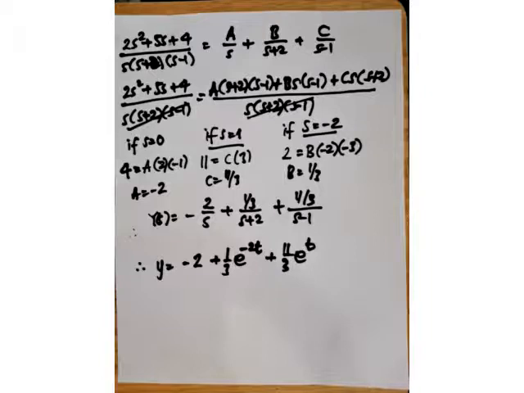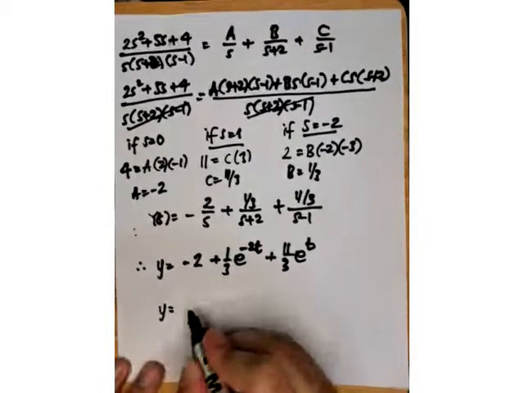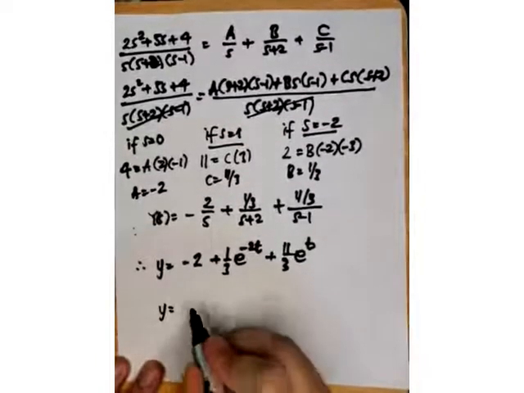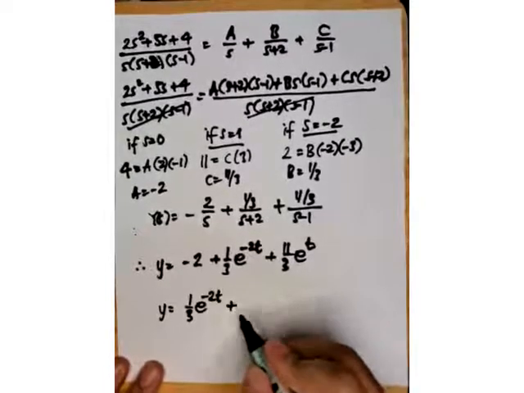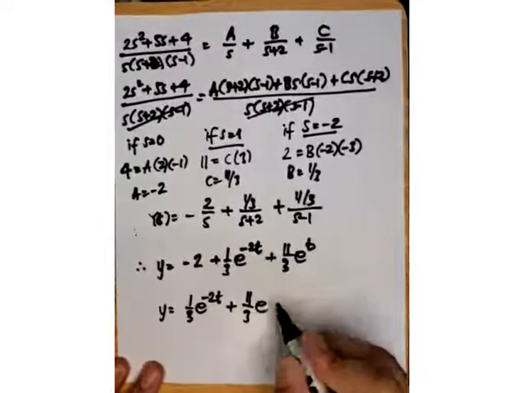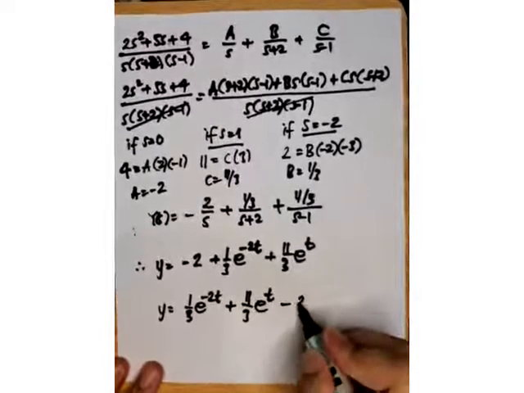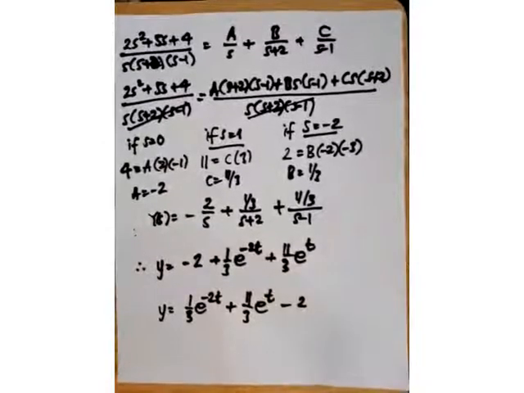Okay? So that's our final answer. Pwede naman natin siyang i-rewrite na para mag-positive lang yung sa ano. Okay, 1/3 e raised to negative 2t plus 11 over 3 e raised to t minus 2. Ayan. Okay, so that's our final answer.